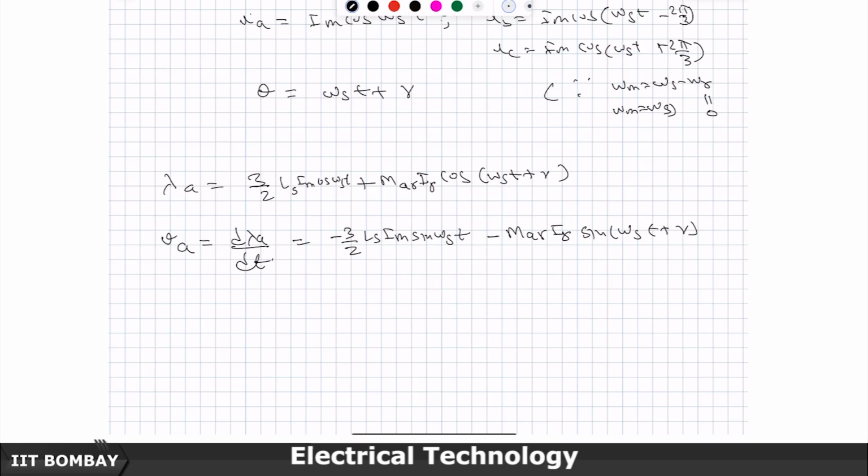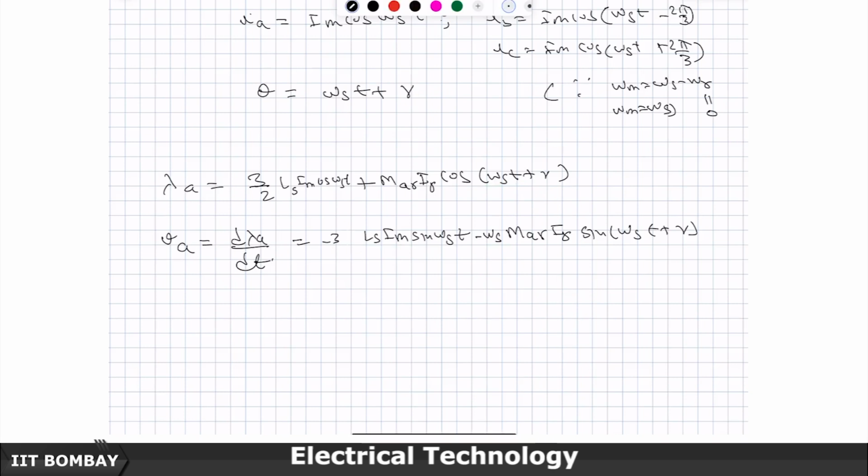One mistake I made: whenever I take this derivative, this omega s also will come here, and the same thing I have to do here also. So, let me correct for that.